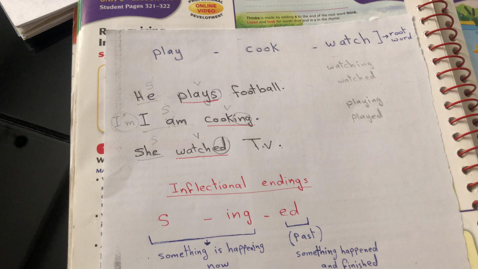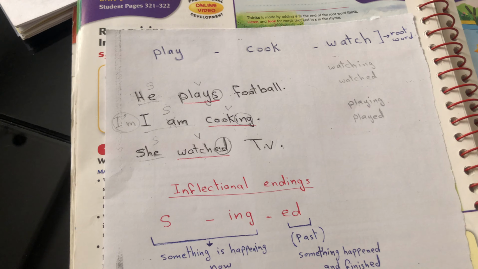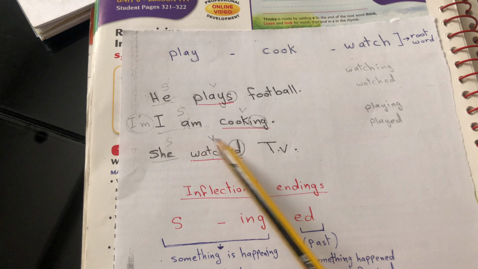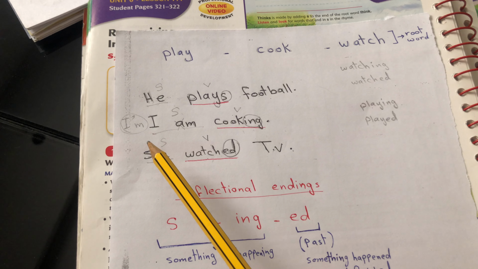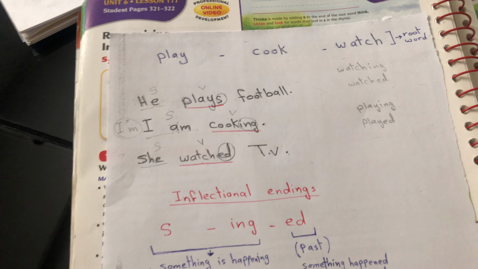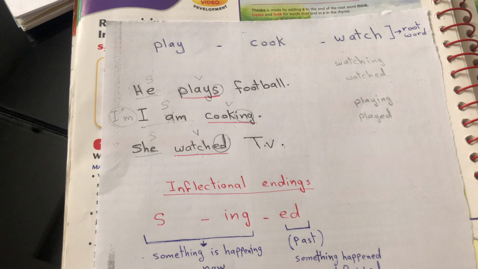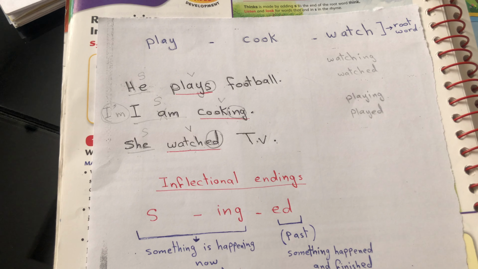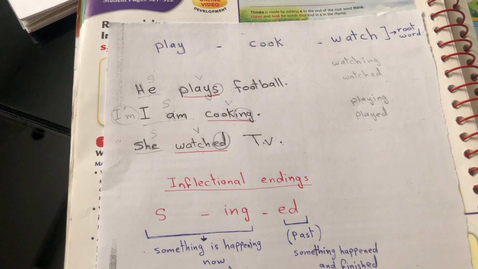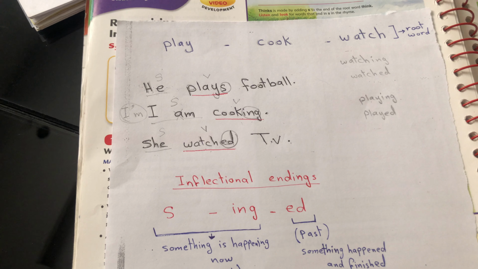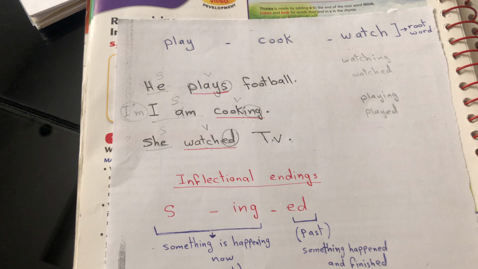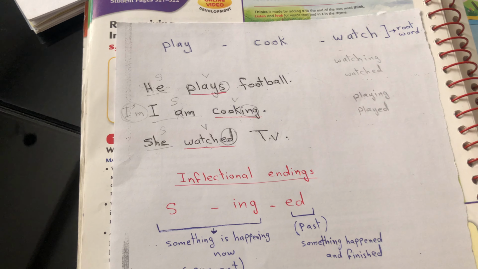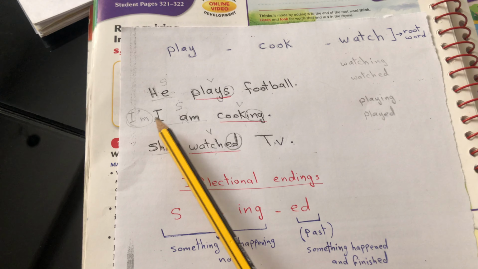Let's move to the second sentence. I am cooking. Before I move to the verb and the subject, who can give me the short form of I am? What is the contraction of I am? Contraction is the short form of two words. Here we have I am.